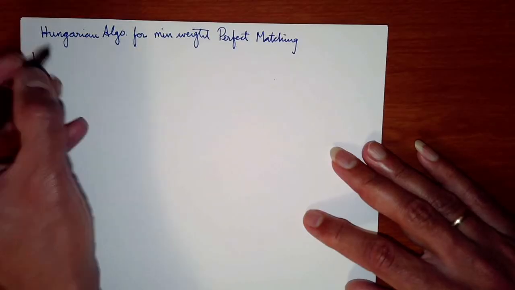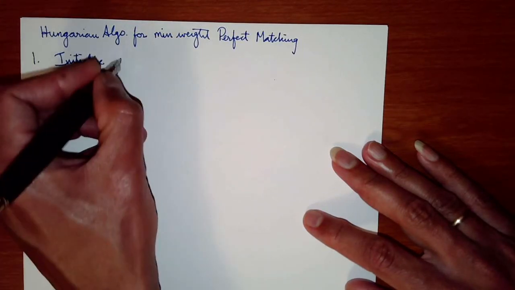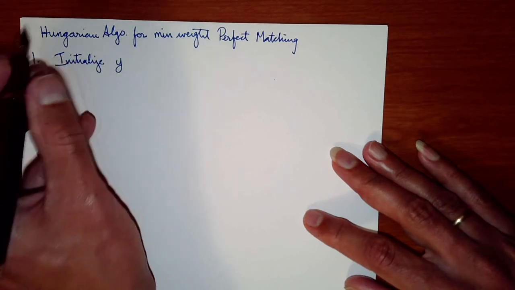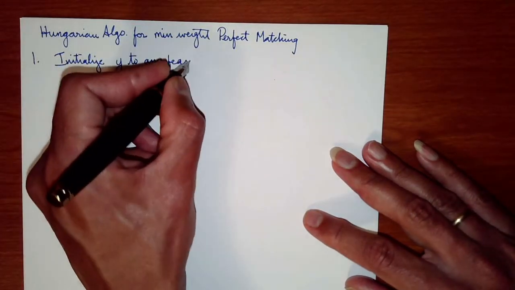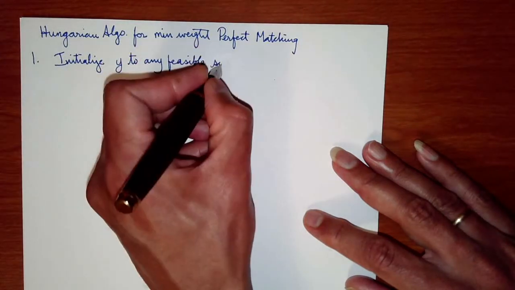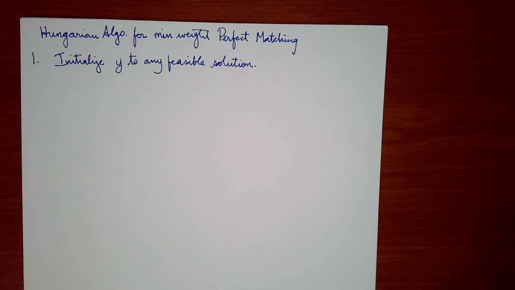The first step is we initialize the dual variables to any feasible solution. And I'll leave it as an exercise.